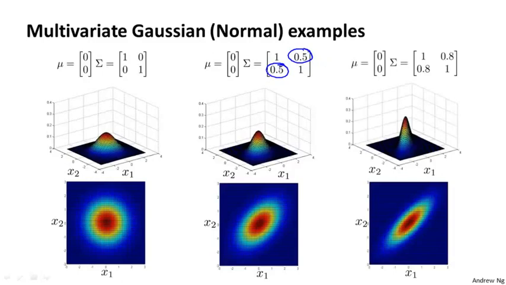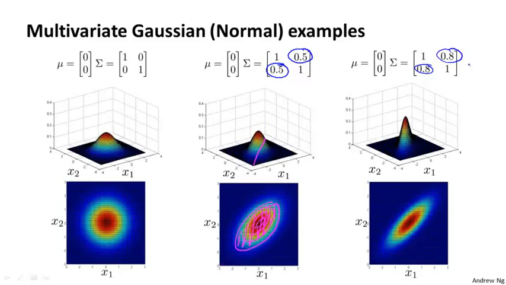As I increase the off-diagonal entries from 0.5 to 0.8, what I get is a distribution that's more and more thinly peaked along this x equals y line. Right? Here the contour says that x and y tend to grow together, and the things with large probability are if either x1 is large and x2 is large, or x1 is small and x2 is small, or somewhere in between.